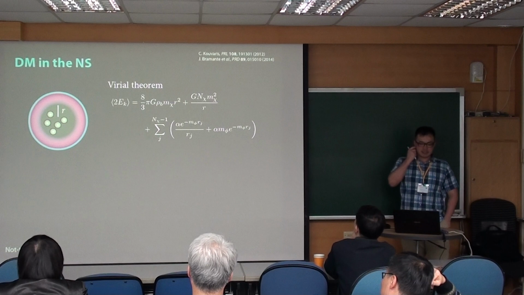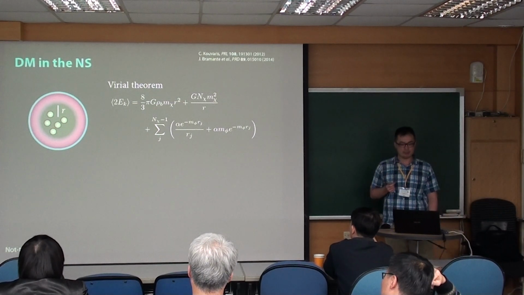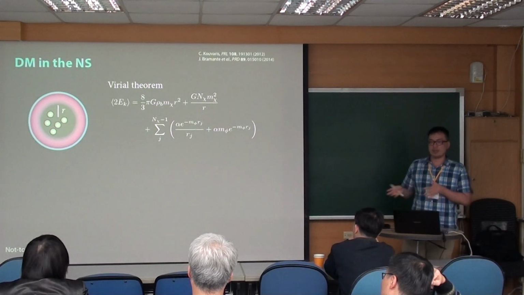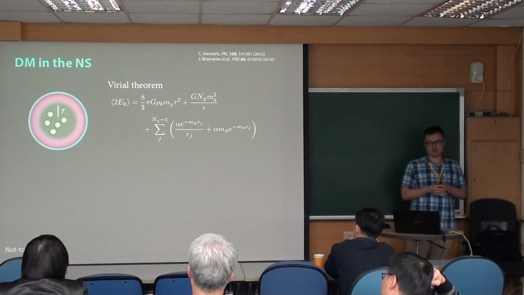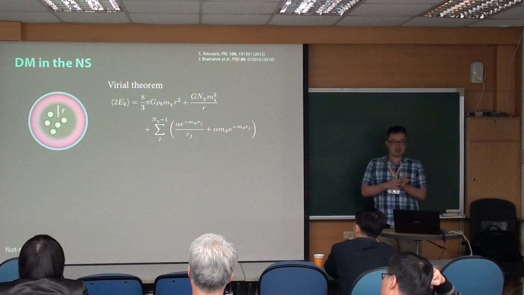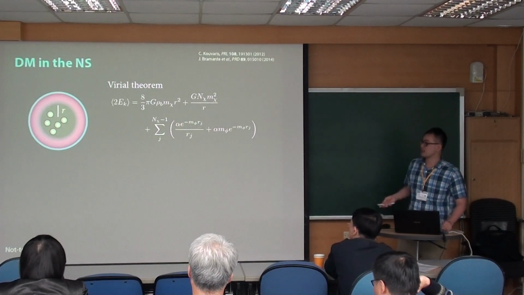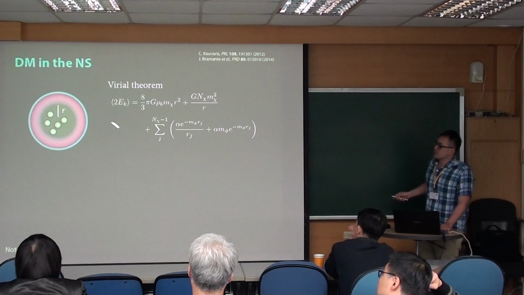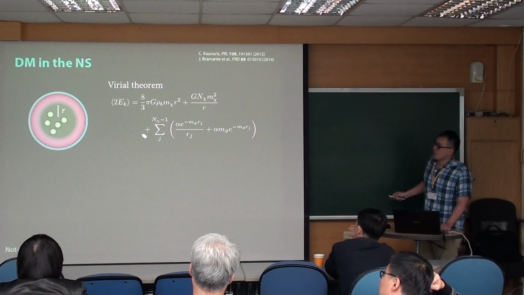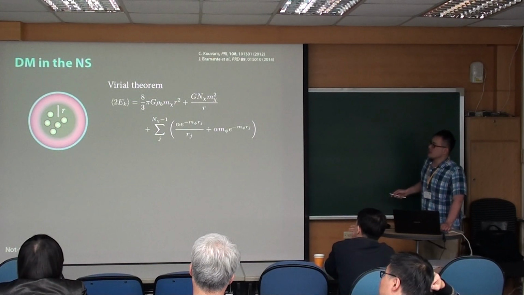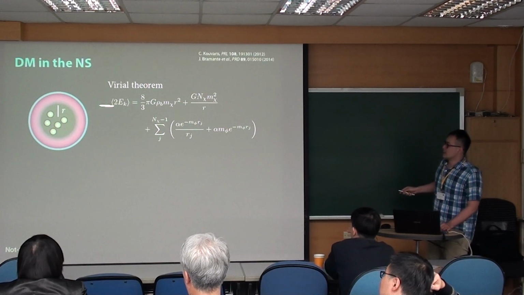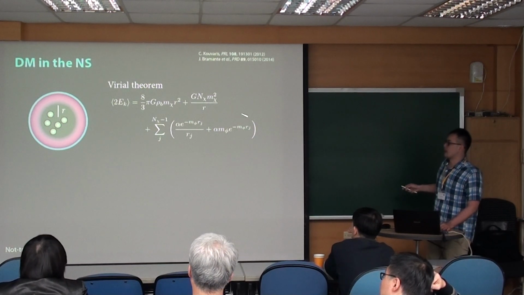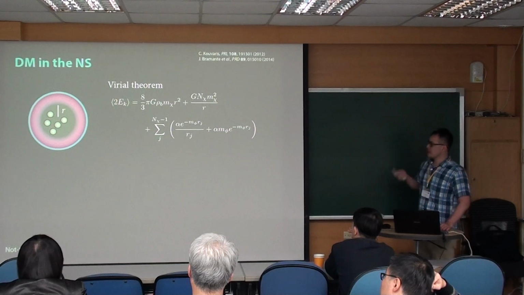So I briefly described how a neutron star captures dark matter particles. Let me move on to the situation of those already trapped dark matter particles inside the star. In general, these trapped dark matter particles will reside in a small spherical region close to the core of the neutron star, and this region is sustained by the balance between the thermal pressure and the potential terms, according to the virial equation.